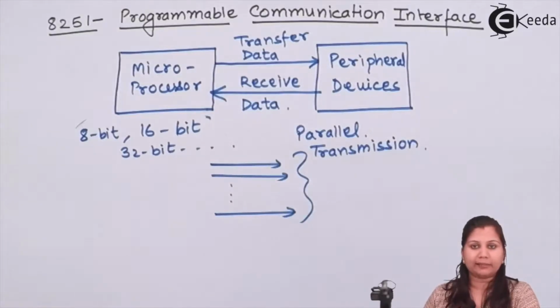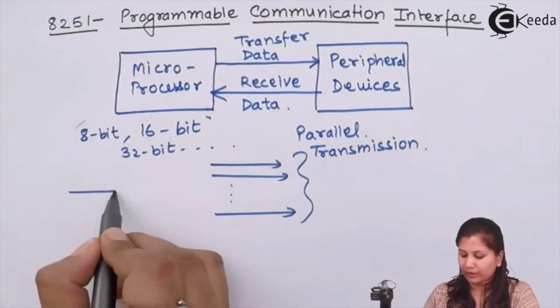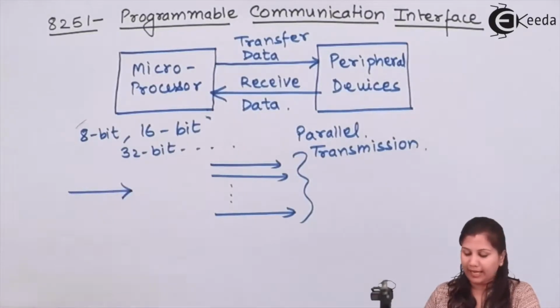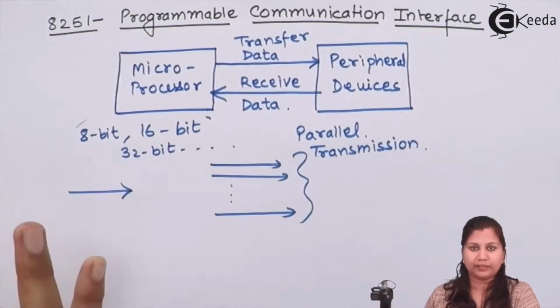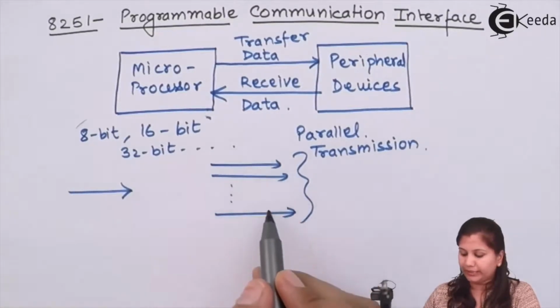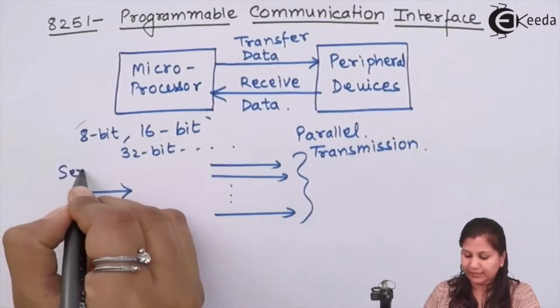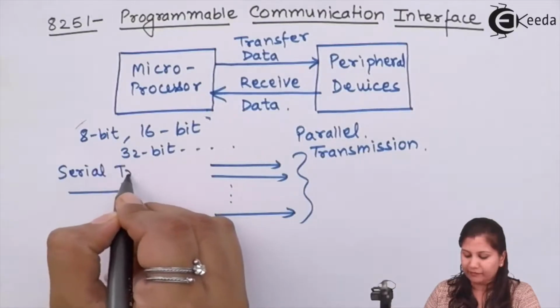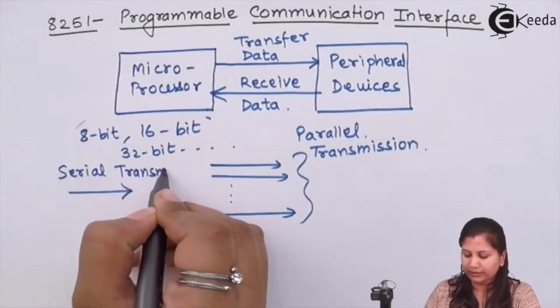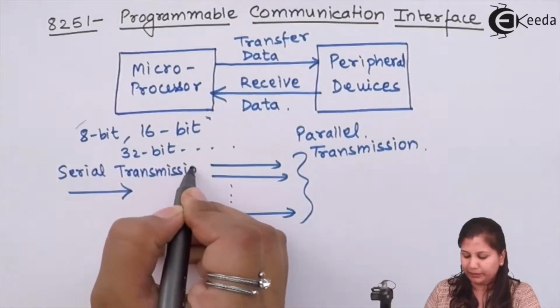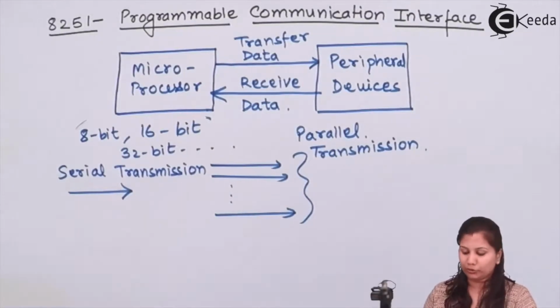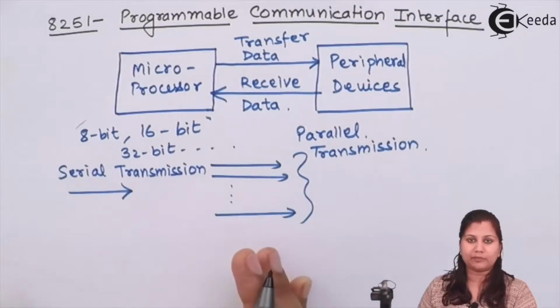Whereas the second type, serial transmission, uses only a single line, and one after the other the 8 bits are transmitted. So there are two types of transmission.